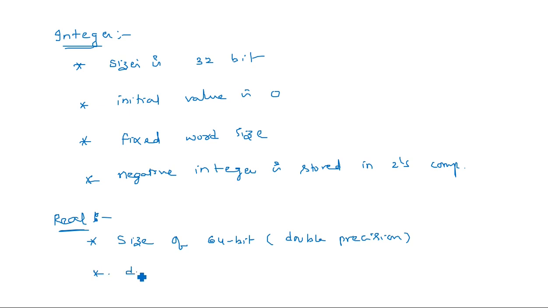The default value starts at 0.0, because it's a real value. It is specified in decimal and exponential notation.